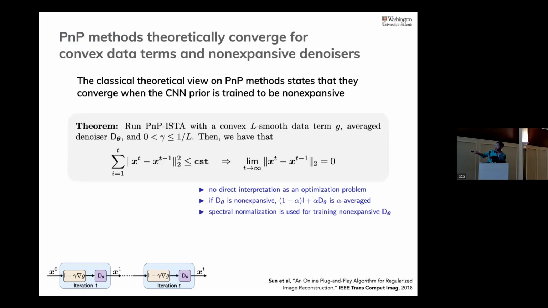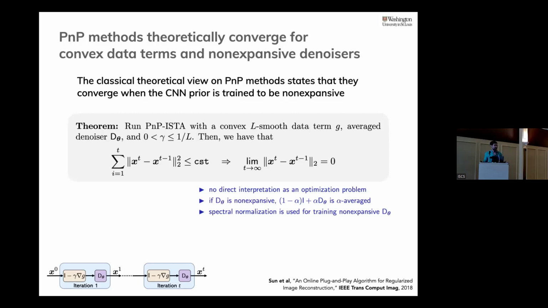So if you run this algorithm in the format that I explained to you, and you assume that your data fidelity term, this is your data term, is smooth, meaning it is differentiable and has a continuous gradient with Lipschitz constant L. Then you assume your denoiser is non-expansive, meaning it is Lipschitz 1, and you do this averaging with it. It's called averaged, or formally non-expansive is a special case of averaging. And finally, you pick a small enough step size, then you can show that the plug and play priors method will converge.